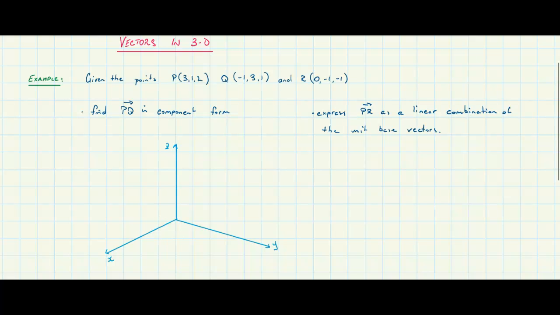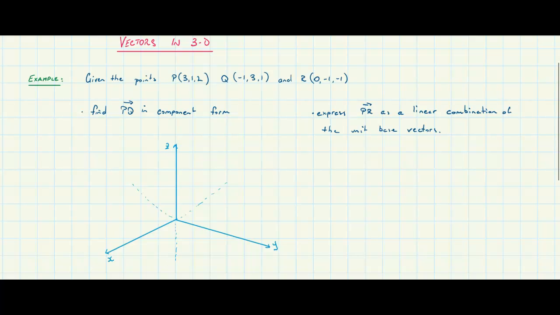If we go into the negatives, that's the other side of the axis. So 3, 1, 2 for P is 3 out along x and 1 out along y, and then it's up off the page by 2. Quite difficult to represent.